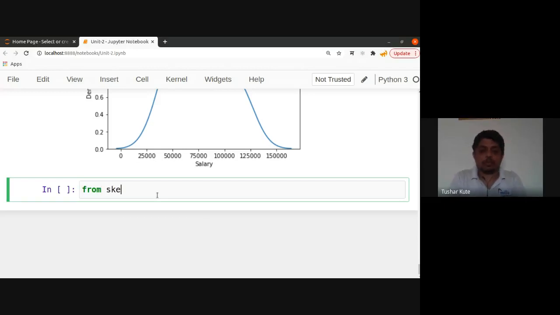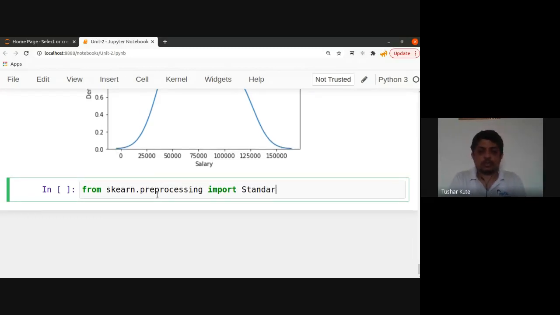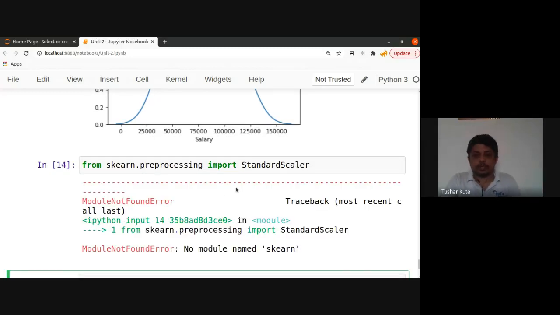For example, from sklearn, in preprocessing, I'll import the StandardScaler. The StandardScaler basically makes use of the concept of z-score, and using z-score, it will normalize the respective data.